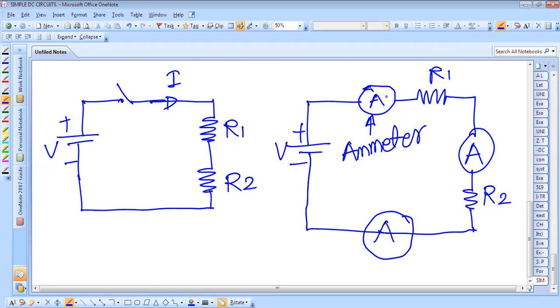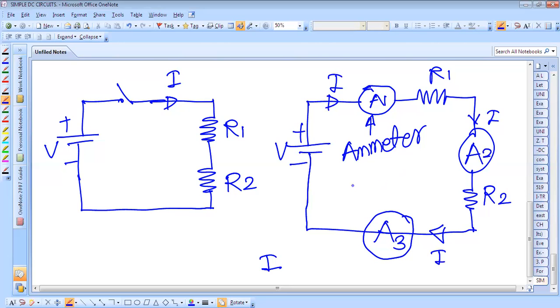Suppose this is A1, this is A2, this is A3. This ammeter will show how much current is flowing at this point. This will show how much current is flowing at this point, and in this way, all the ammeters will show the same reading in this case, because whatever current I is flowing at this point is the same current flowing through this point, and the same current is flowing through this point.